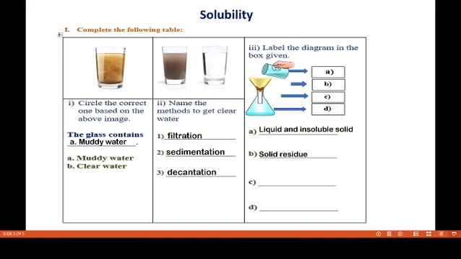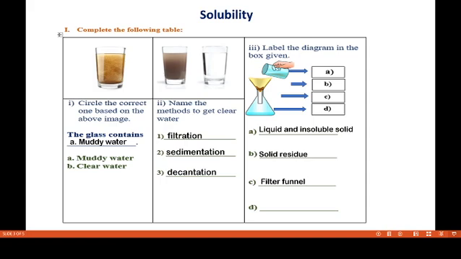It does not pass through the filter paper, so it remains on the filter paper. So it is known as solid residue. Then third one is filter funnel. It is a funnel and a filter is also placed on it. So it is known as filter funnel.